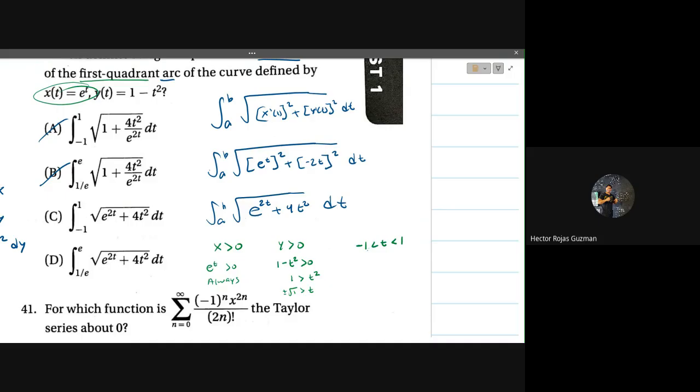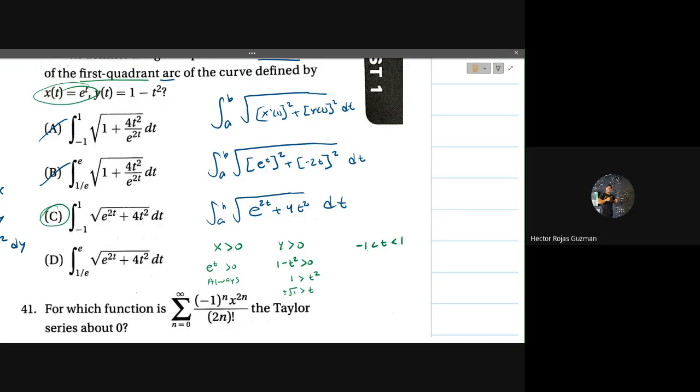So in order for this particle that is defined by two parametric functions to stay in the first quadrant, t has to be between -1 and 1.